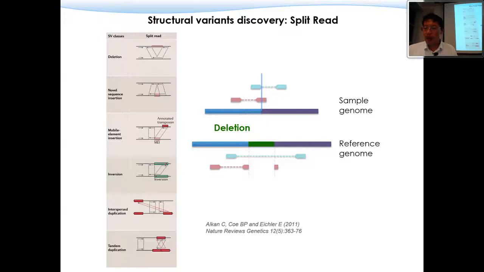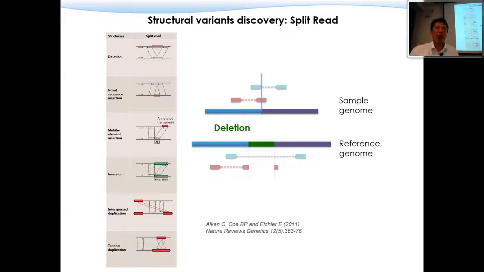The next part of this split read analysis is, first of all, it's harder. So you need to write your program in a specific way to be able to identify this. But second, the advantage is that if you were able to identify it, you not only estimate there is a few hundred base insertion or deletion in the middle, but you know where it happened.